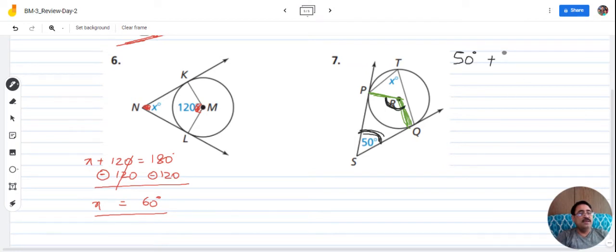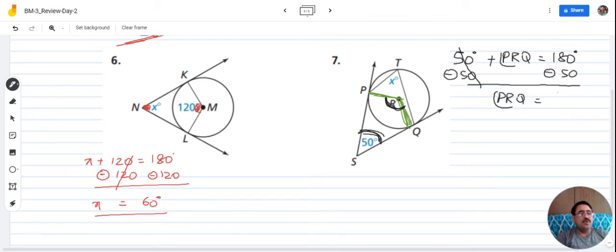Please remember, these two are supplementary, which means 180 degrees. Now, how to figure out PRQ? Take away 50 from both sides, then PRQ equals 130.